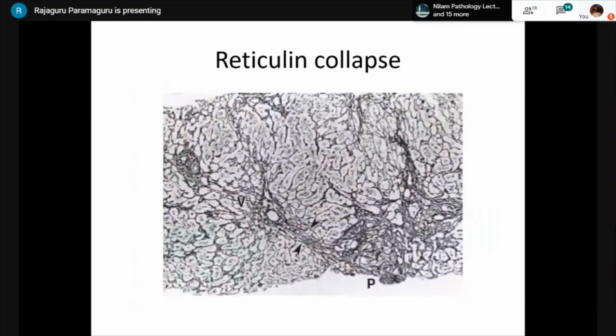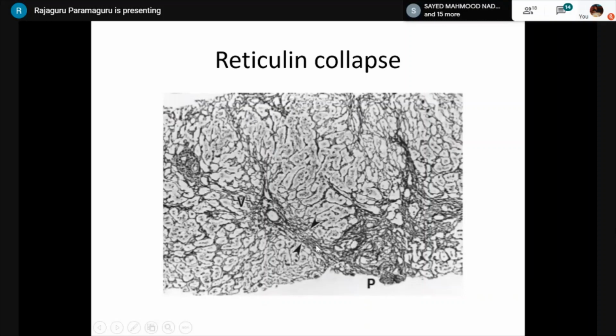And reticulin shows a collapse. So what do you mean by collapse? Usually it is very confusing when you take a reticulin stain in an acute hepatitis and you really get confused whether it is a necrosis or a fibrosis. But how to differentiate is that when a collapse happens in a necrosis, the reticulin fibers are not darkly stained.